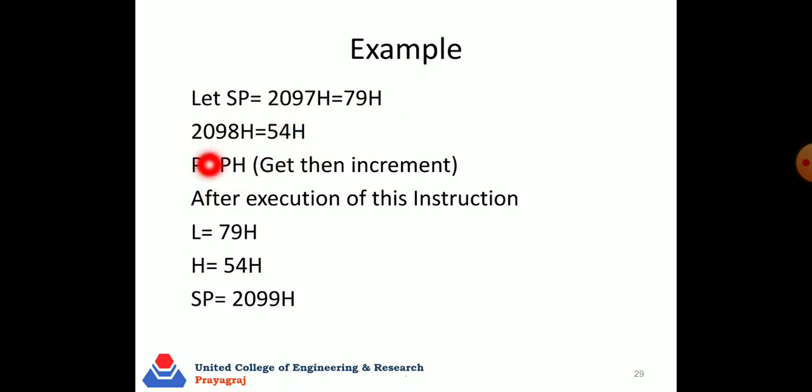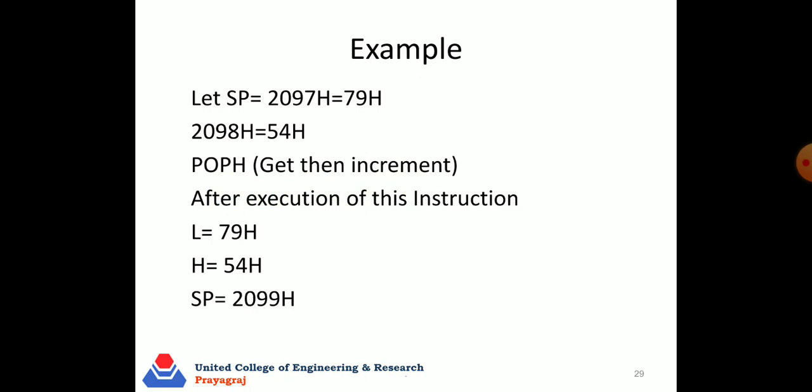If we write the instruction POP H, first it gets, then increments, whereas in a push, first it decrements, then it gets. Here in pop, first it gets, then increments.